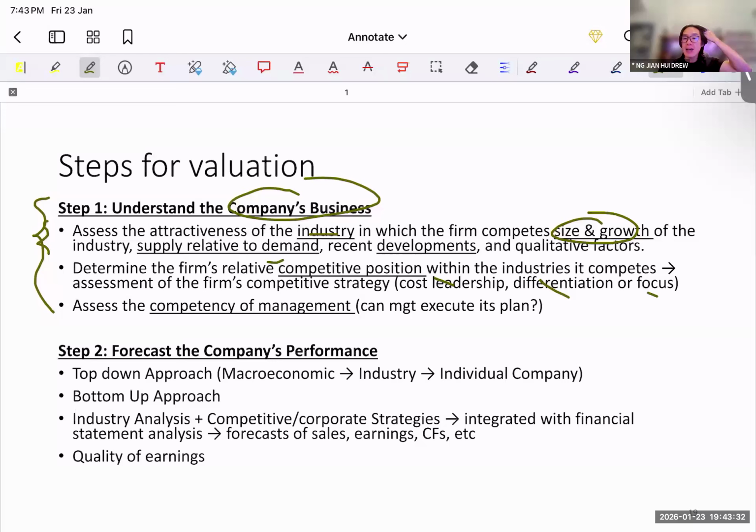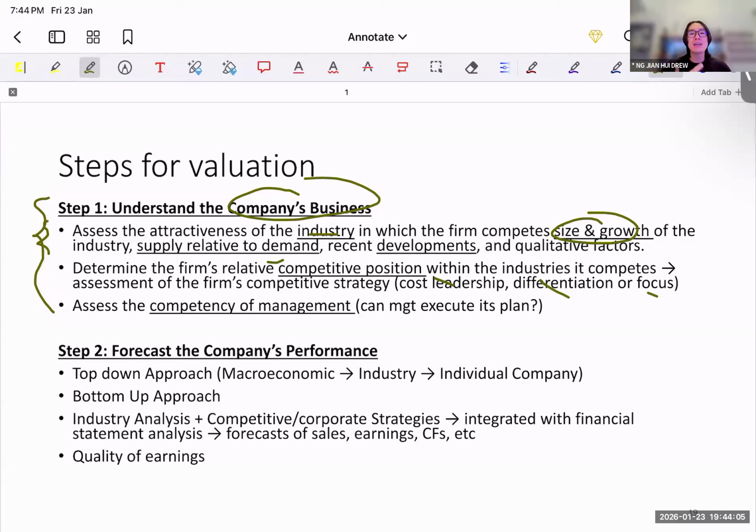That's a good question. Do we have to assess which part of the value chain the company sits in? Yes, you do have to assess that as well. We'll cover a few frameworks that allow you to comment on which part of the value chain the company is in, or even which part of the business cycle the company is in, whether they are a startup, in the growth phase, or a mature company.